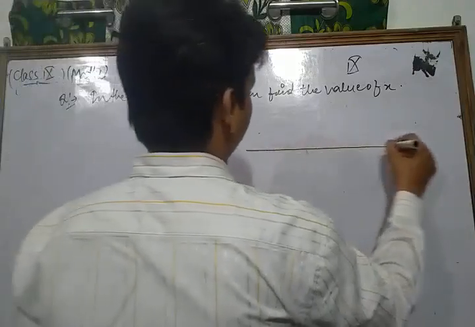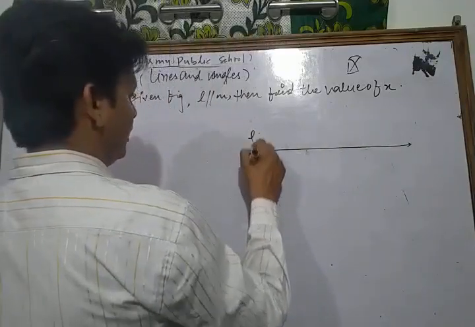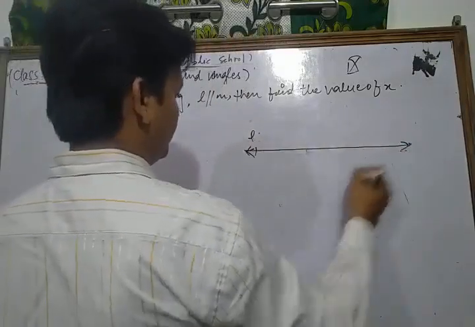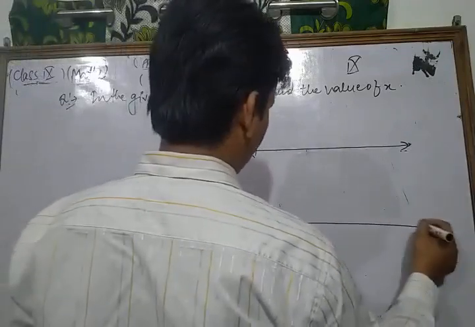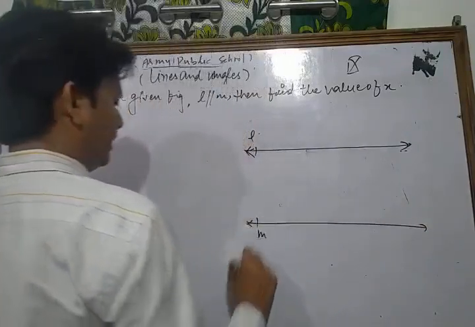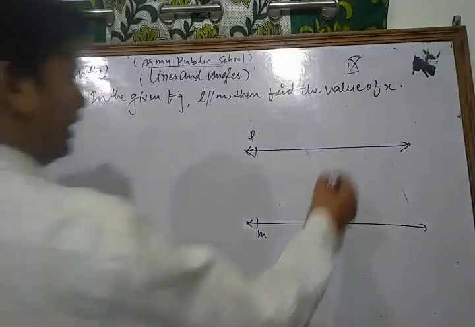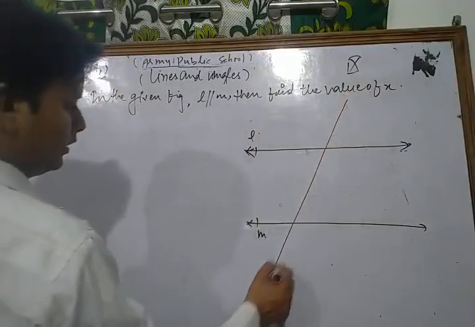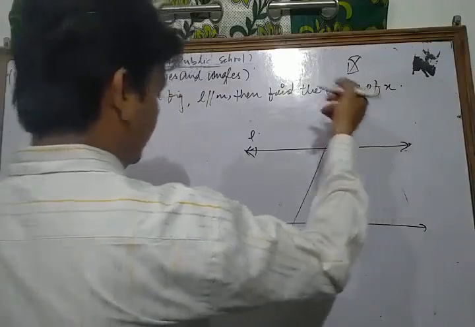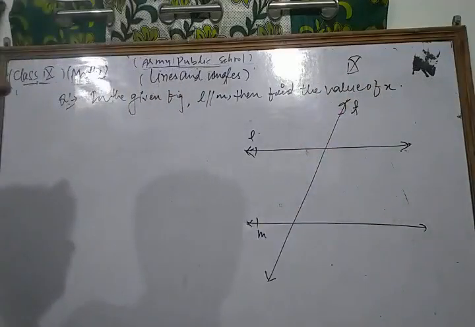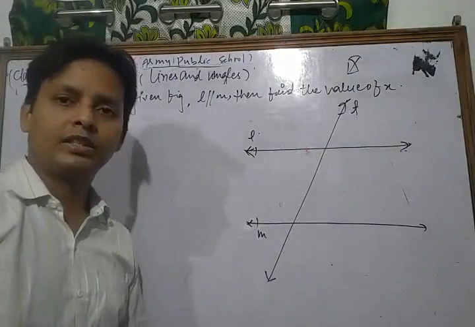Two lines are there, L and M, which are parallel to each other. And a third line P, which is a transversal, cuts those two lines at two distinct points.